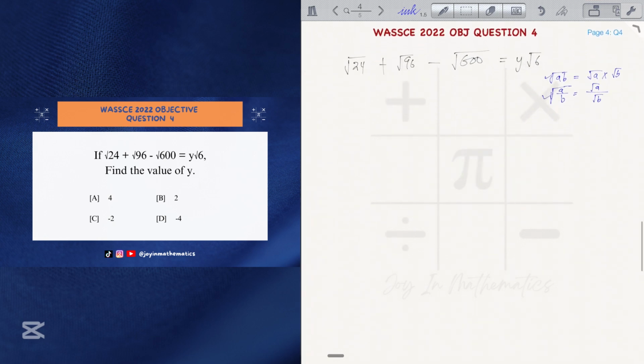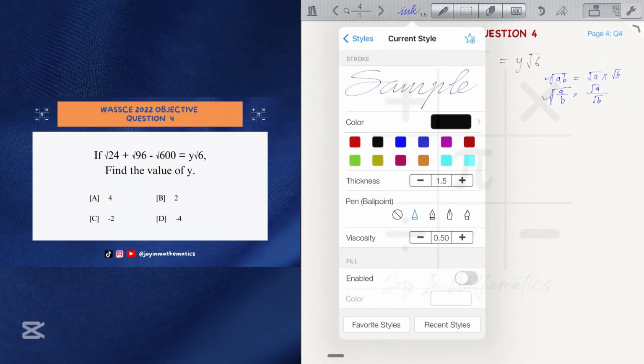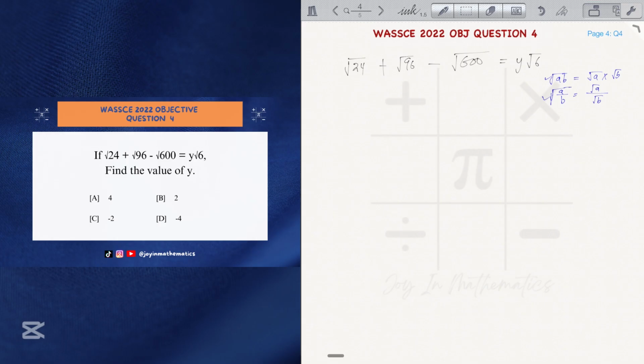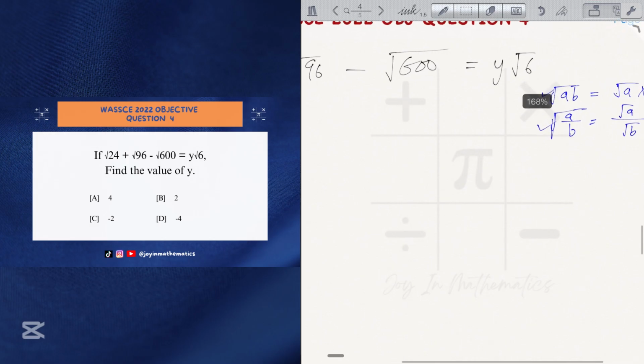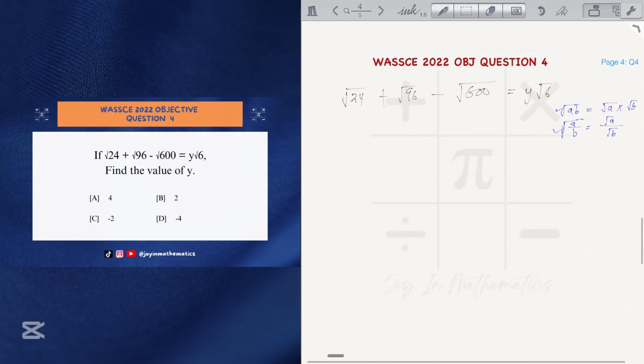So now let's apply that. Root 24 plus root 96 minus root 600 is equal to y root 6. So we are converting the summation of all these single surds down to a basic surd, and the basic surd is root 6.